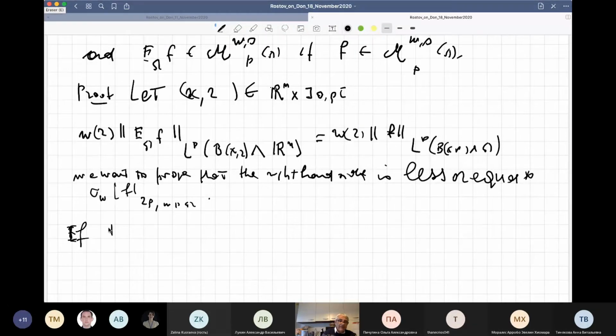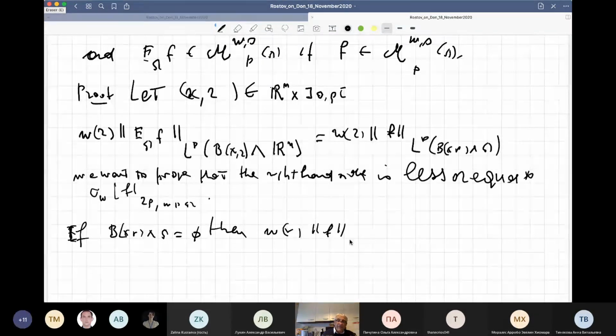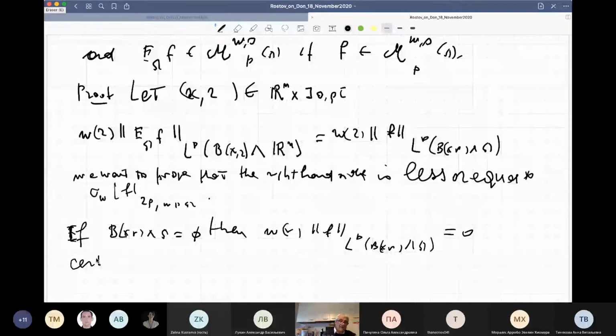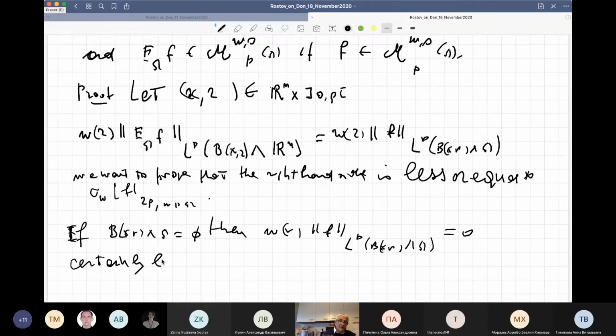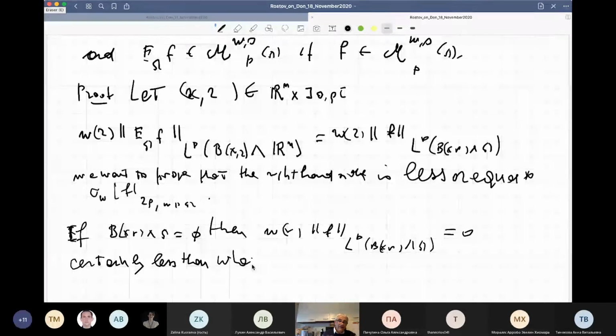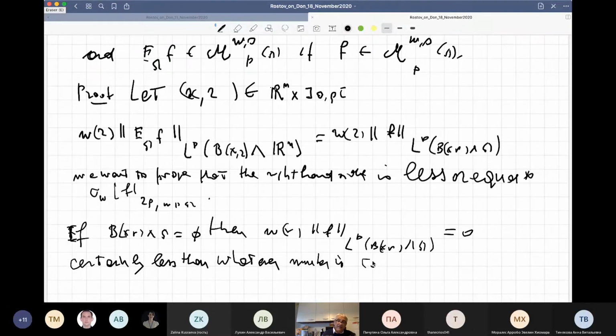If the ball B(x,r) intersection omega is empty, then W_R times the norm of f in L^p, B(x,r) intersection omega is 0, certainly less than whatever number in 0 to plus infinity.